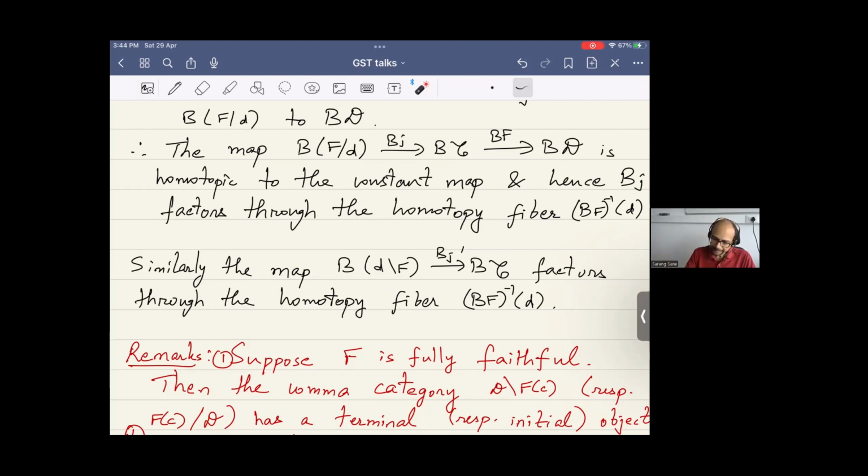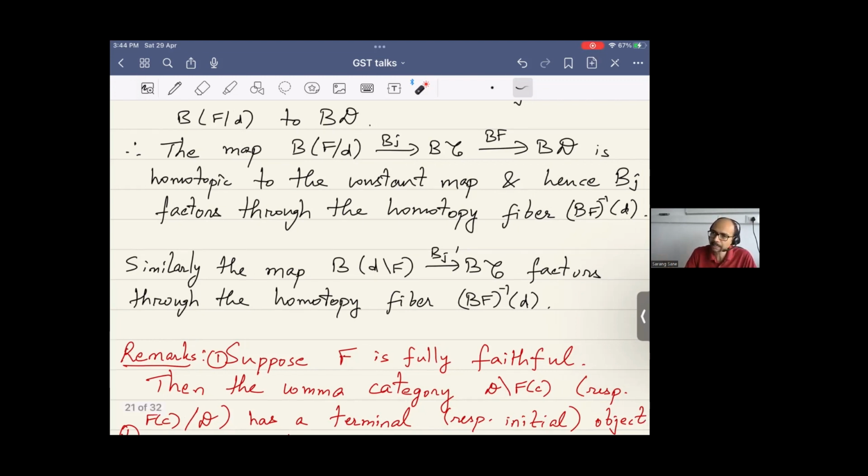We are seeing that the classifying spaces of these comma categories have a map there, and soon, under some conditions, we'll see that they control how this homotopy fiber behaves. That means that if we understand the comma categories, we should be in a position to understand how the long exact sequences behave. This is really why all this is happening.